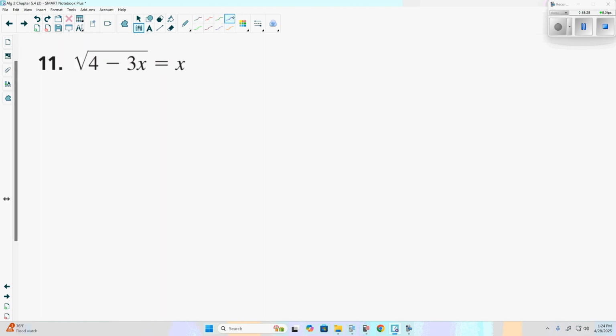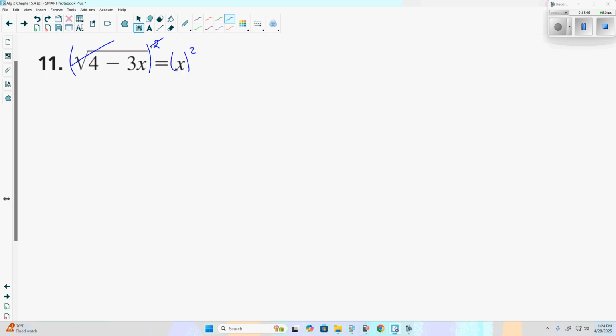Square root of 4 minus 3x equals x. Is there one radical? Yes. Is it by itself? Yeah. So we're going to put both sides to the nth power, and our nth power is going to be 2.